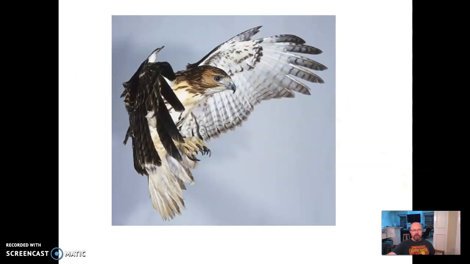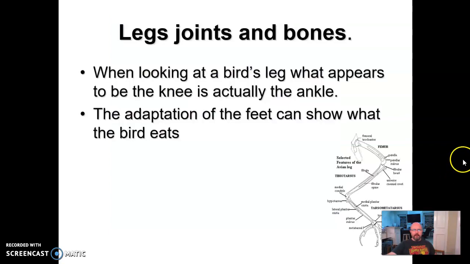Good example of a bird in flight, a raptorial bird. Legs, joints, and bones. When you look at the bird's knee, what appears to be the knee is actually the ankle. So it's a little bit backwards, not quite what you would expect to see. The adaptations of the feet can show what the bird eats. So this long bone is actually kind of tucked inside the body.